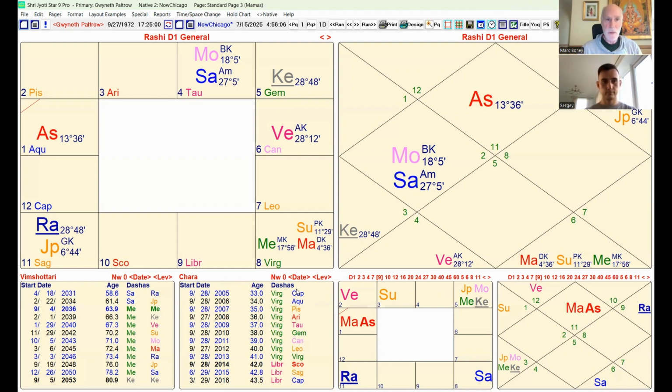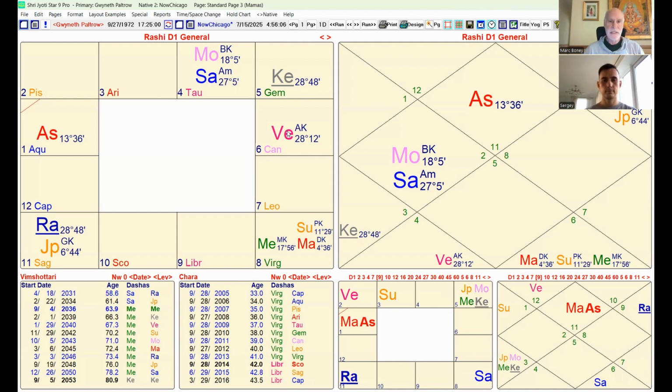It did so in the sub-period of Capricorn. Why the sub-period of Capricorn? Well, because Venus, the natural significator of marriage, is falling seventh from there. So this is how Virgo Capricorn in the Jaimini system indicated a period and sub-period when she could marry, and she did.